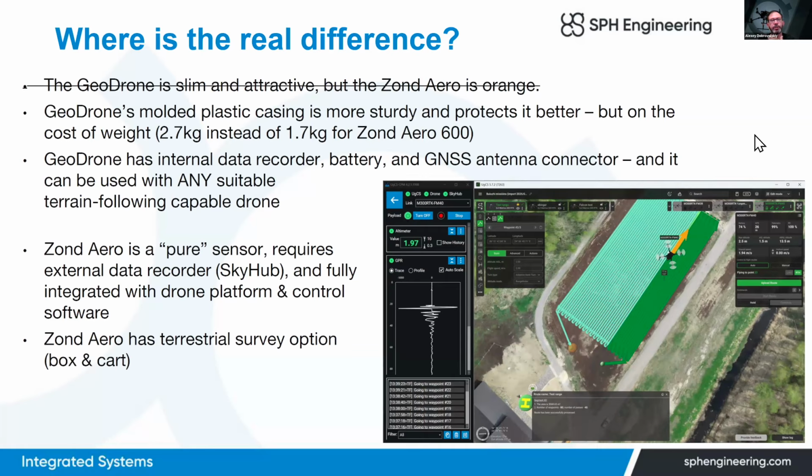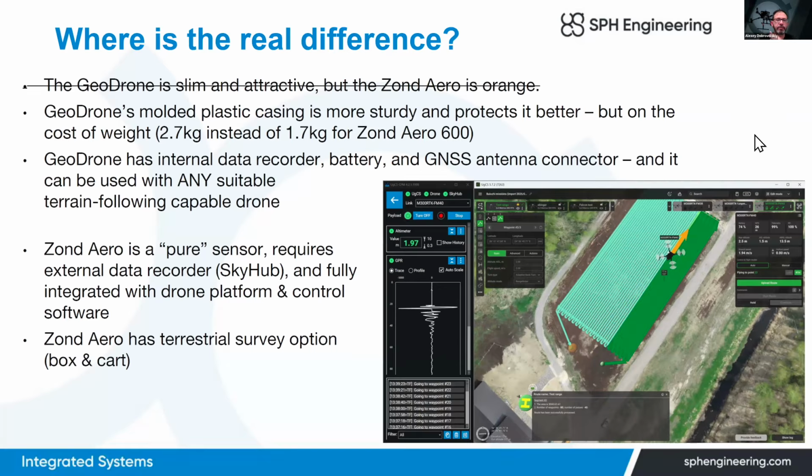So MALÅ GeoDrone can be used practically on any drone which can carry 2.7 kilograms and can follow terrain using some altimeter. It is very important because GPRs with such high frequency are usually absolutely useless without the possibility to have an exact low altitude over the surface.